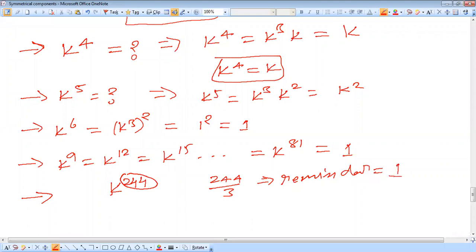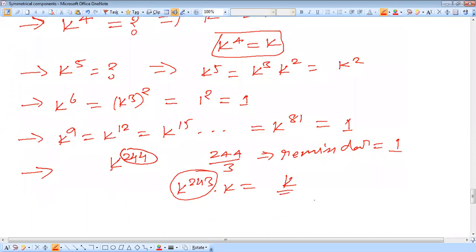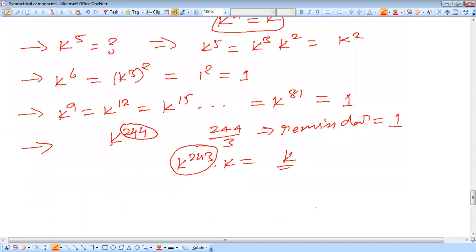So we can write k power 244 as k power 243 into k, and k power 243 is a multiple of 3. So k power 244 equals k.